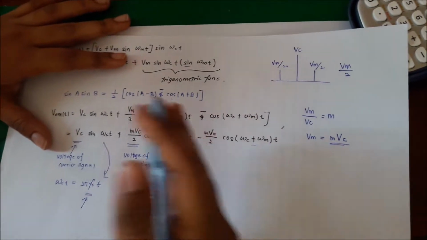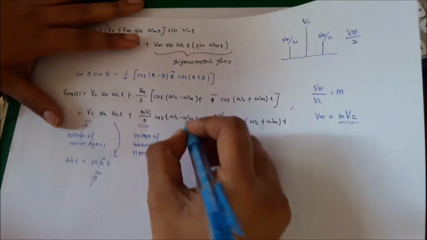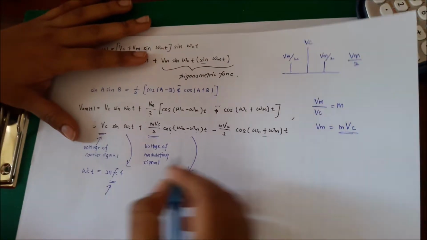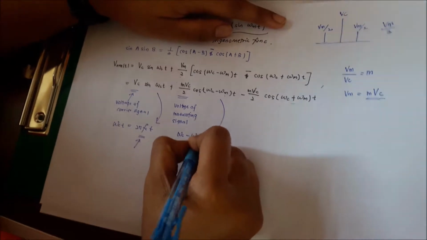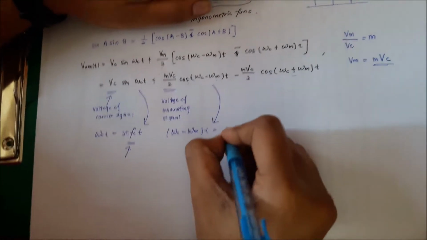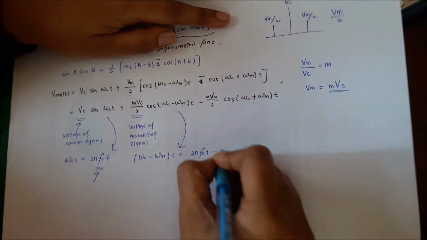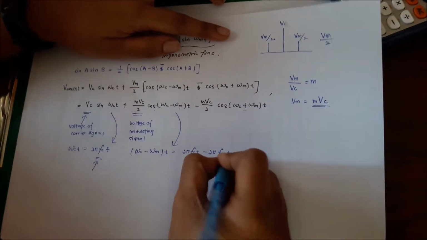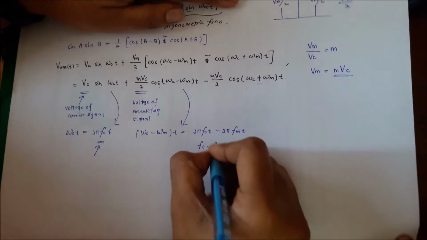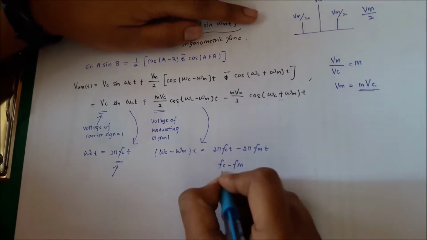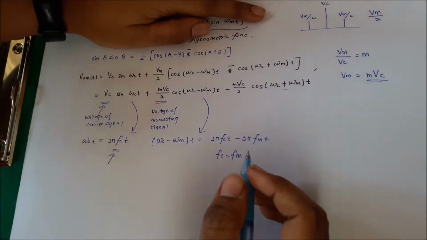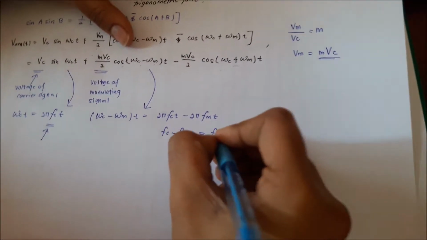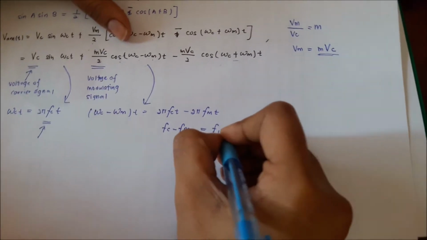So how do I know which one is the lower side band and upper side band? Okay, let's just expand this and see. Omega c minus omega m, which is actually 2 pi fct minus 2 pi fmt, directly meaning fc minus fm, is my lower side band, equivalent to my FLSB.